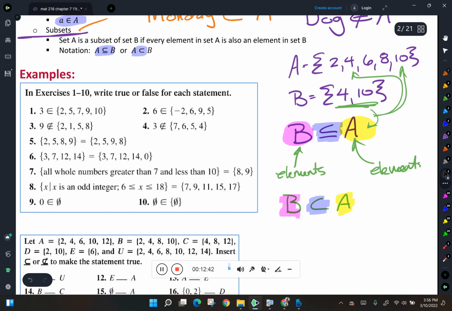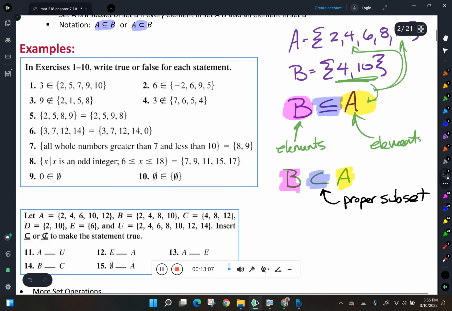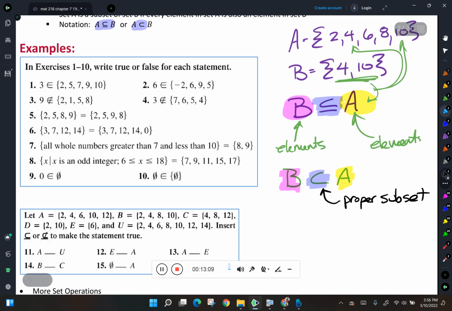And that symbol in the middle is the proper subset notation, or proper subset symbol. Basically what that proper subset symbol says is that B is a subset of A, and B is also smaller in size than set A, meaning that there are elements in A that are not elements of B. Think of it like this.